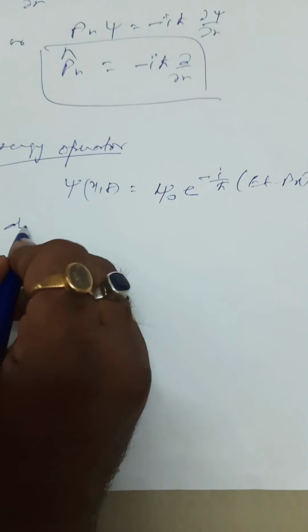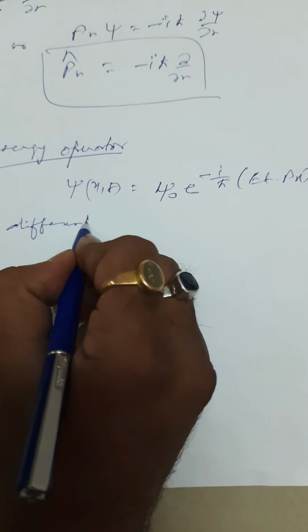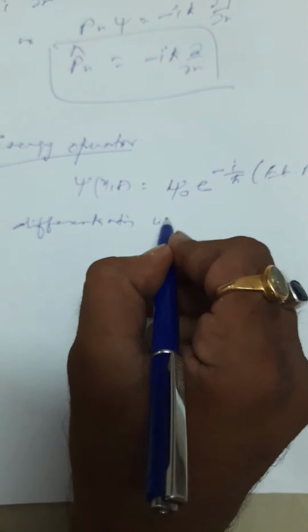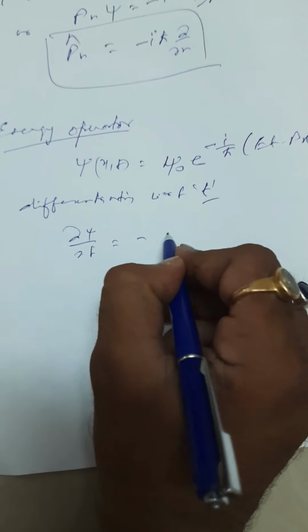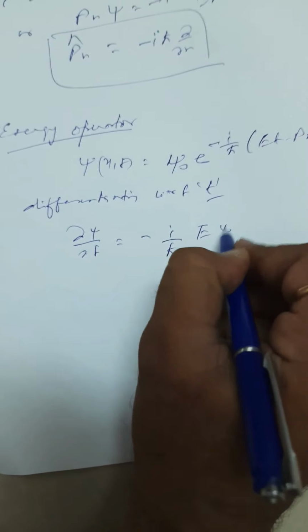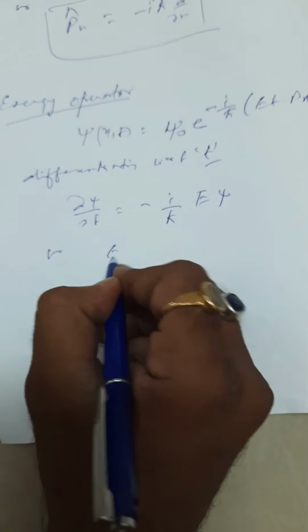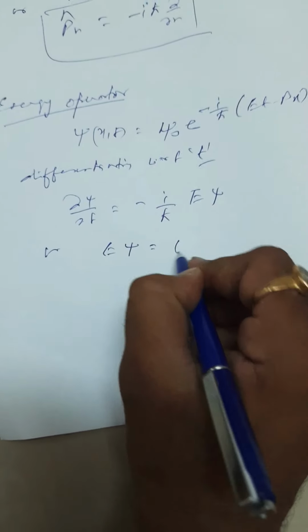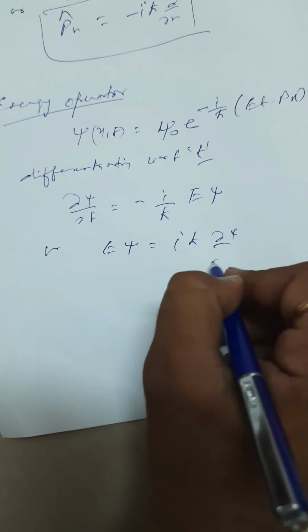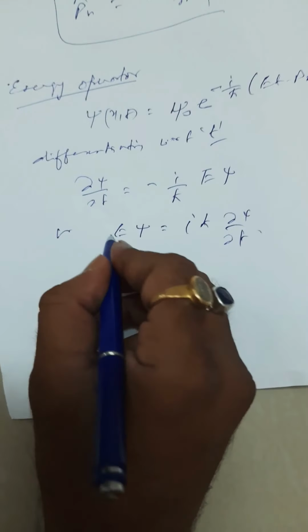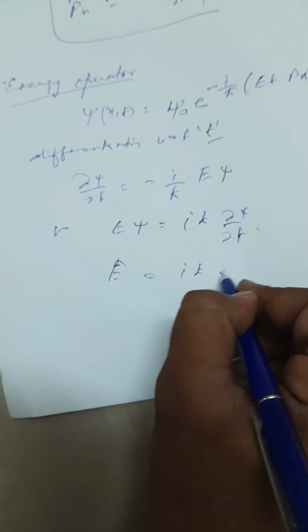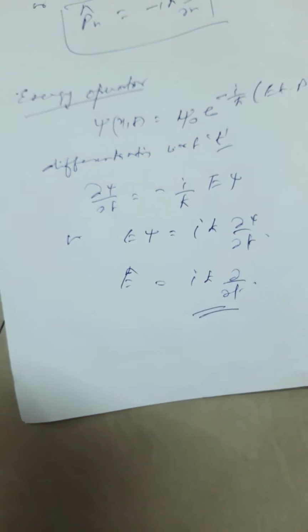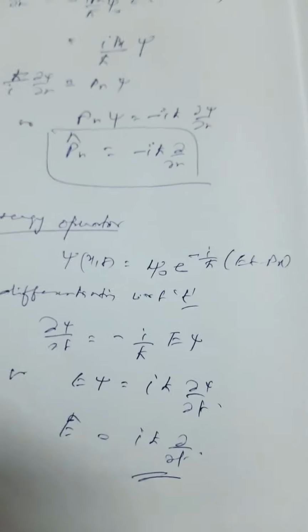Again differentiating with respect to t, we get del psi by del t equal to minus i by h cross E psi, or E psi is equal to i h cross del psi by del t. So from here we can say that the energy operator is given by E cap equal to i h cross del by del t. So this is about the energy operator.